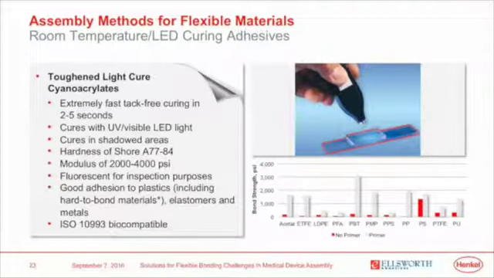Where the substrates are unprimed, the little red bars, you'll see relatively low bond strength. When you add a cyanoacrylate primer and use them with either the toughened light cure cyanoacrylates or the previous, highly flexible one, you can see your bond strength increase dramatically, especially on things like polyurethane, polypropylene, and some of the fluoropolymers.